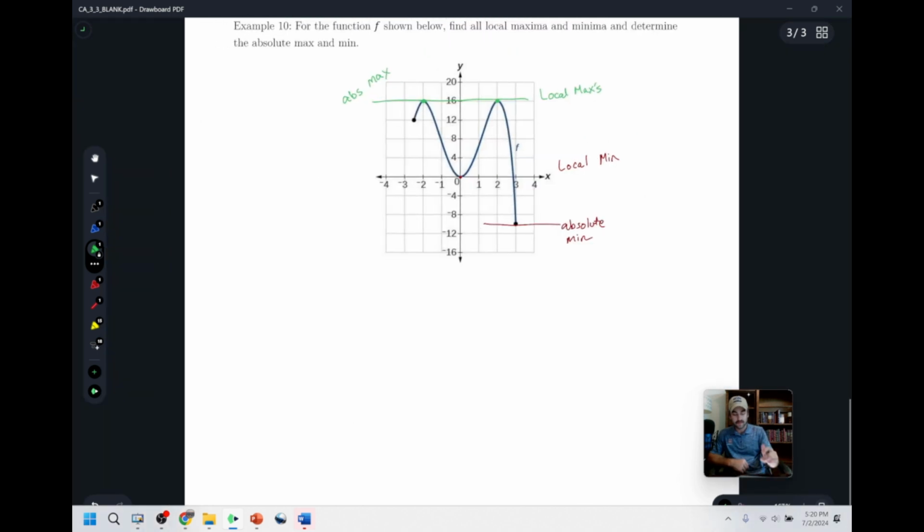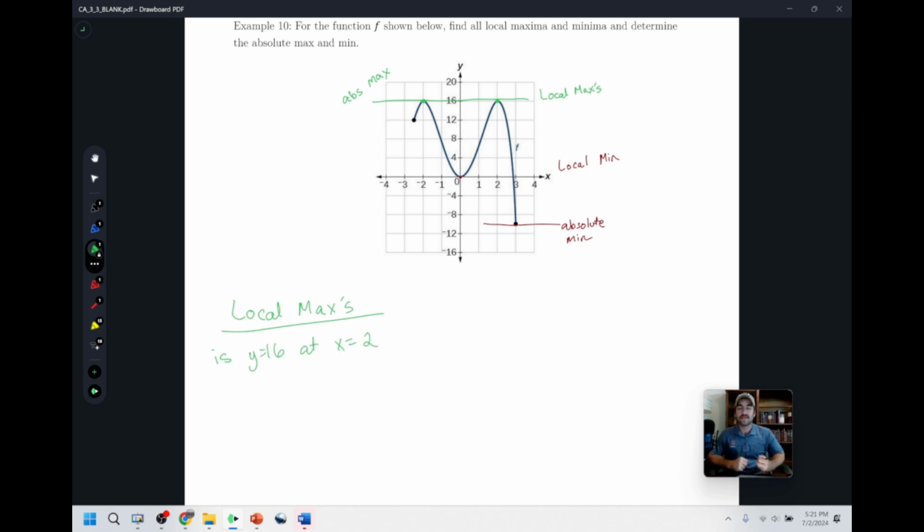So we'll start with what we started with, which was the local max. So local maximums are at x equals 2, y equals 16. And sometimes you'll see the local max is y equals 16, and it occurs at x equals 2.